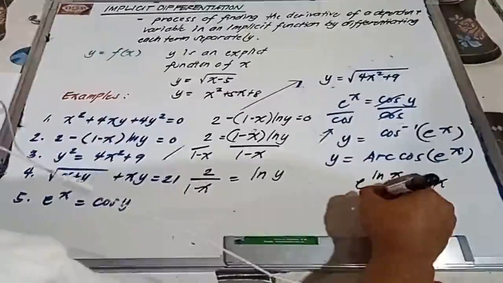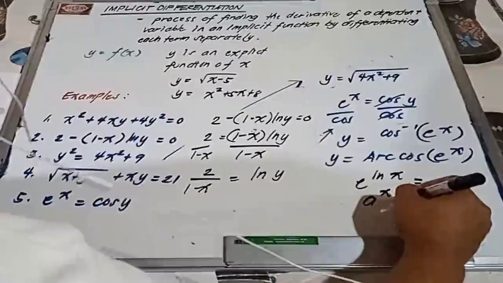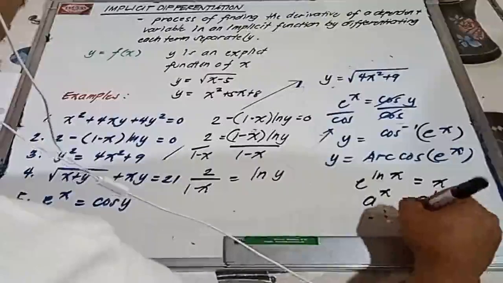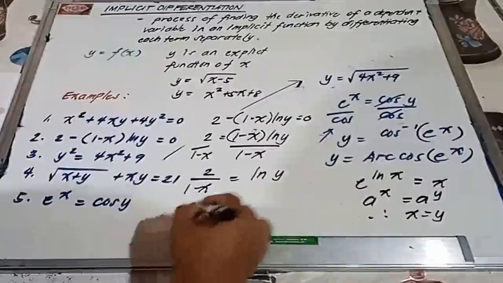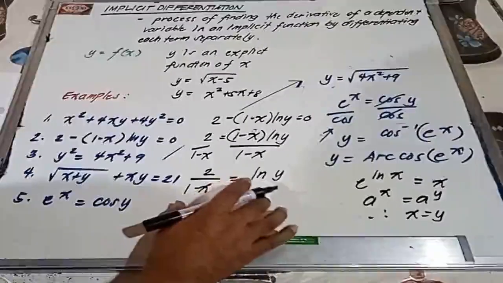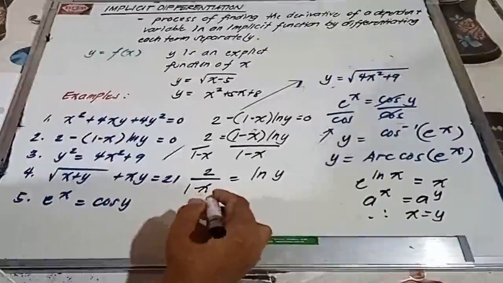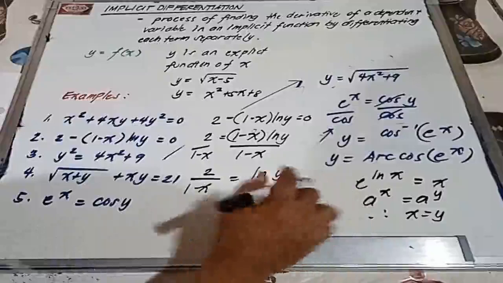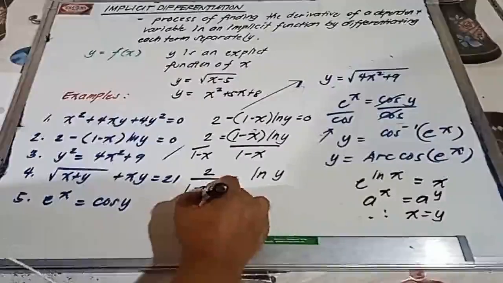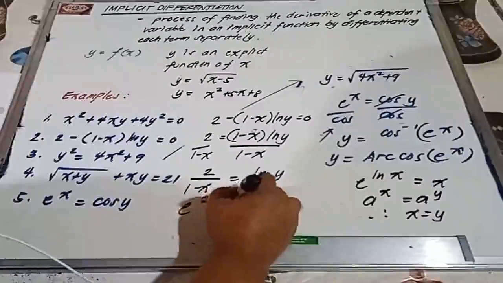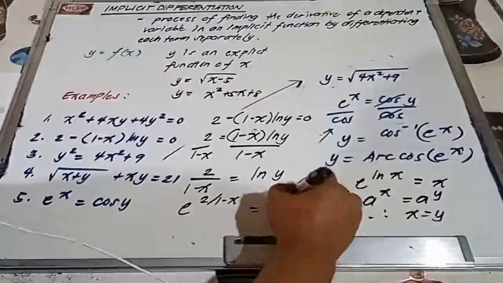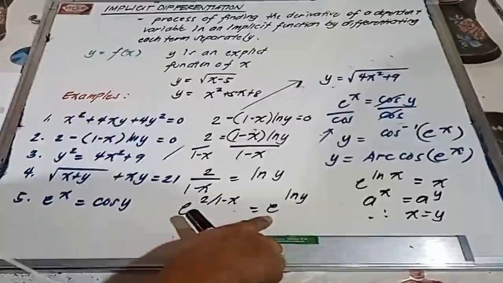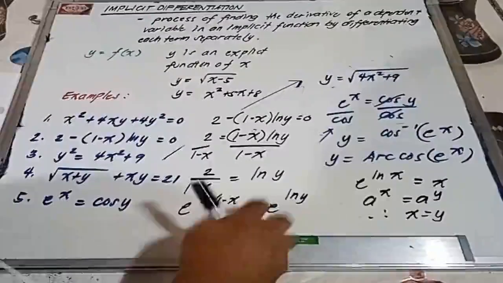O kung tandaan nyo pa rin yung property ng a to the x equals a to the y, therefore x equals y. So, ang gagawin ko dito, I'm going to raise these two sides of the equation as exponent using e function. So, we have e to the 2 over 1 minus x equals e to the ln y. So, using this property, e to the ln y is just equal to y.